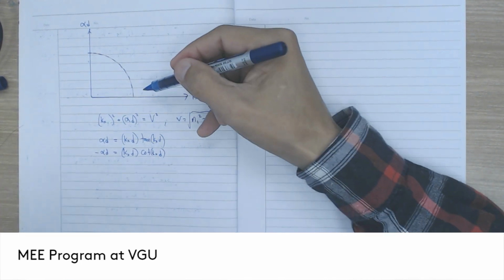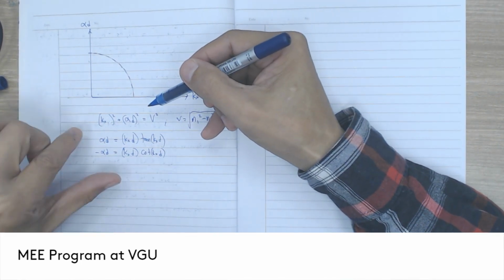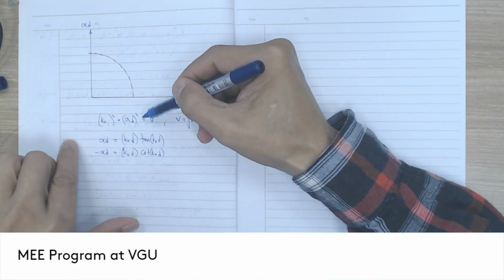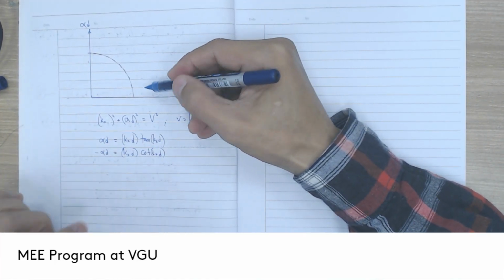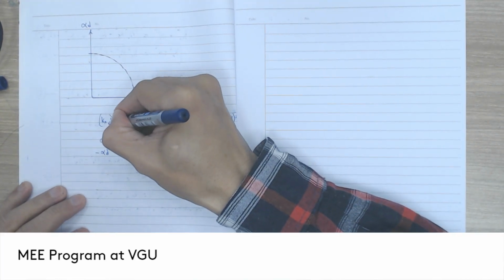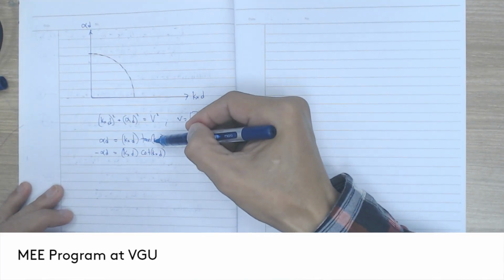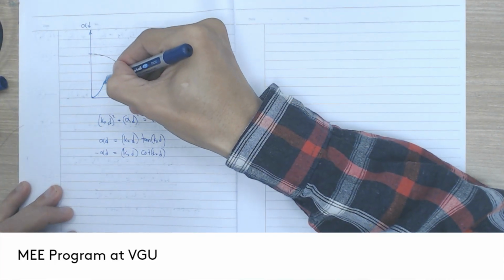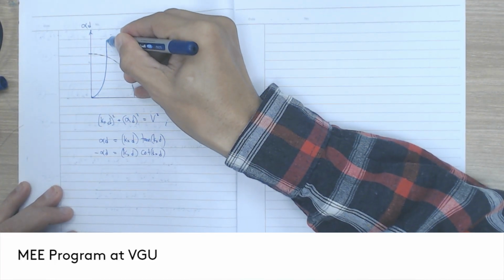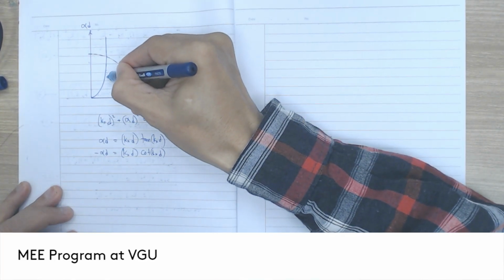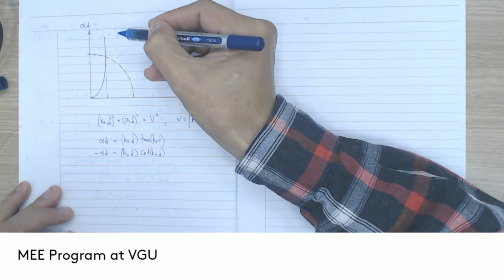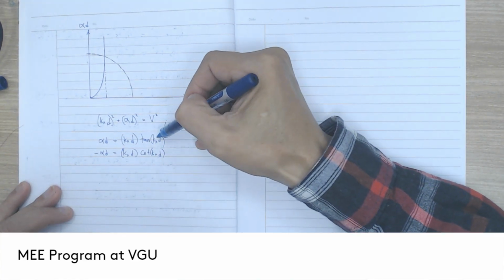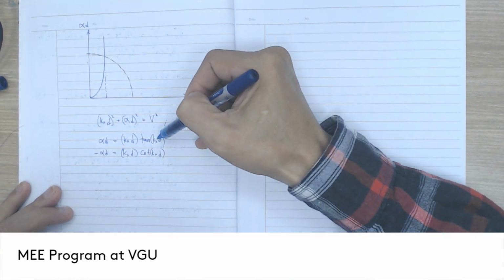So what we need to do is to use this graph to find the solution that satisfies all three equations. So if I do this for this one, I will end up with some pattern like this. Here, it will be infinite. So what does it mean? The value of tangent becomes infinite.